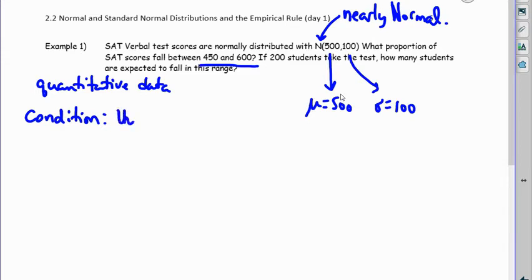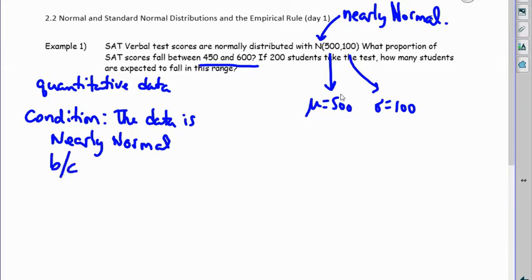So the data is nearly normal. And how do you know that? Because it was given. See, I gave a reason why I know that. So now that I know that condition, I can actually draw my curve.